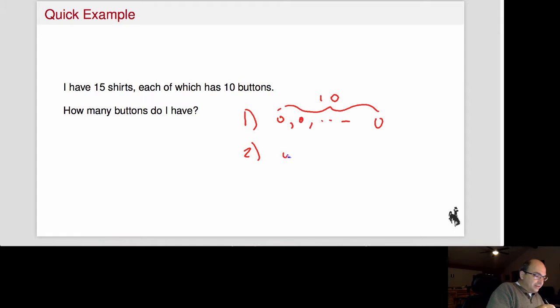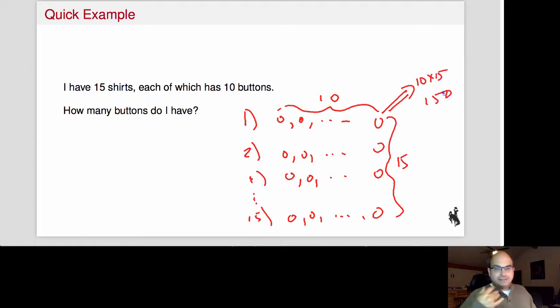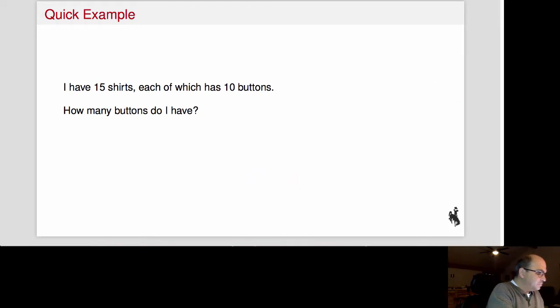And then the second shirt, I'll have 10 of these. And the third shirt, there's 10 of these. And up to the 15th shirt, 10 of these. The total number is going to be 10 times 15, or 150. Okay, so that's, again, just a straightforward application of that very same principle.